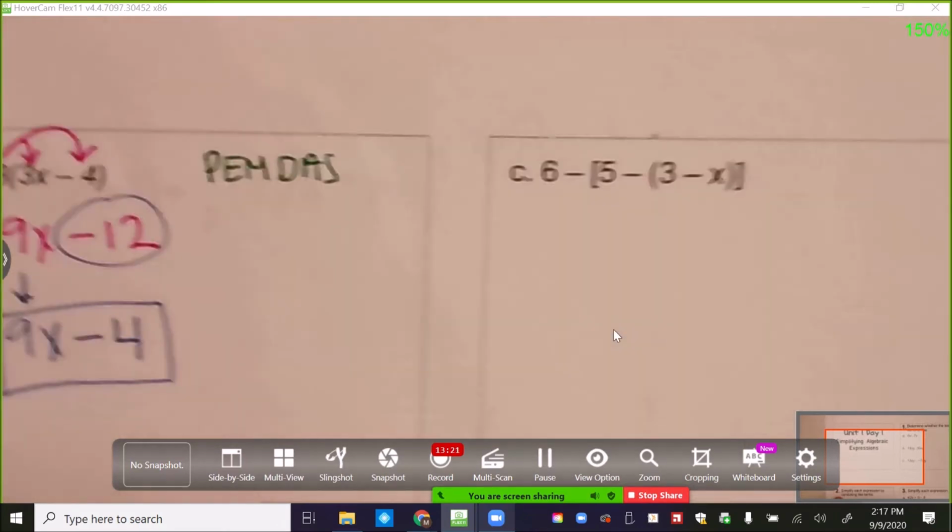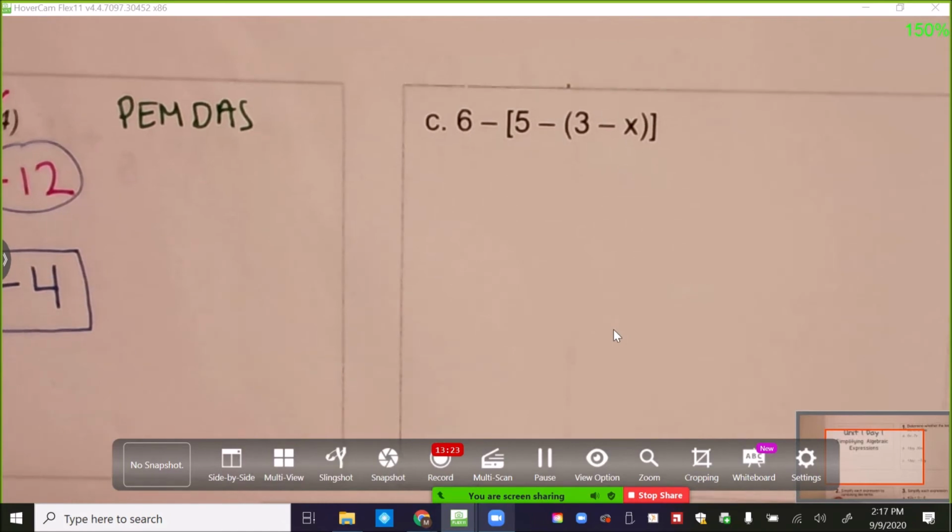Okay, so let's look at this one. What do you notice is different? It has brackets, but do we treat brackets any differently? Brackets and parentheses, we're not going to treat the brackets any different.